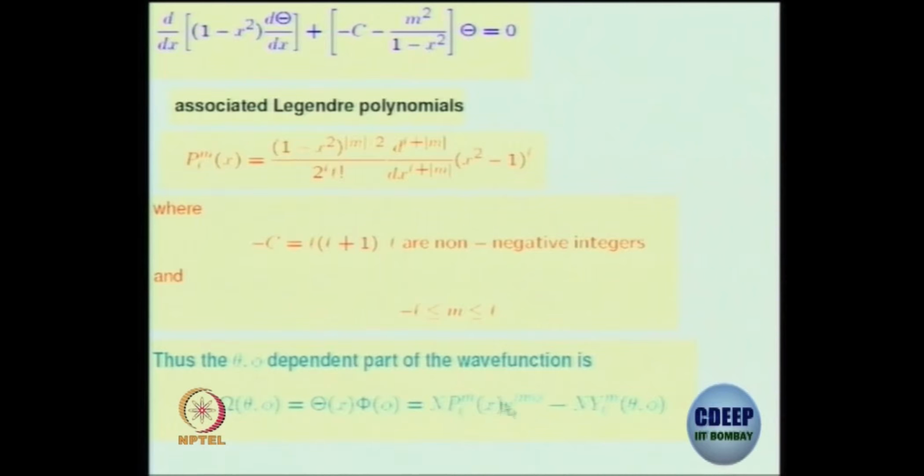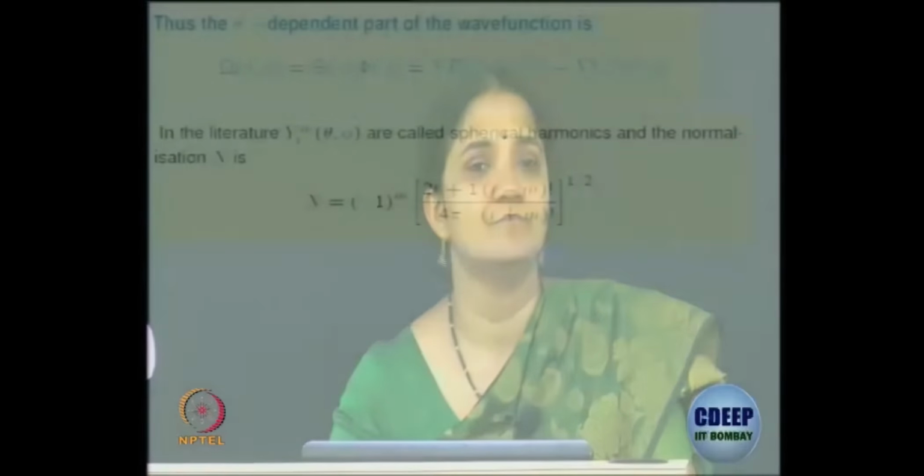This product, P_L^m times e to the i m phi, is always called in the literature spherical harmonics, and it is denoted by a capital Y_Lm(theta, phi). We will come to playing with spherical harmonics, but this is the connection. The associated Legendre polynomial multiplied by e to the i m phi together is called a spherical harmonic.